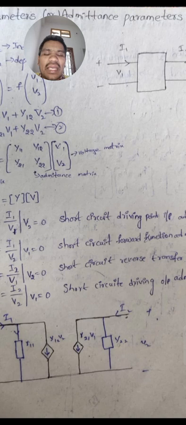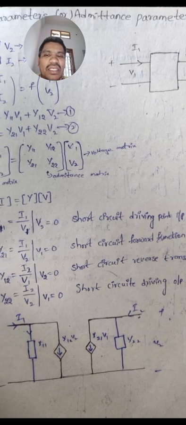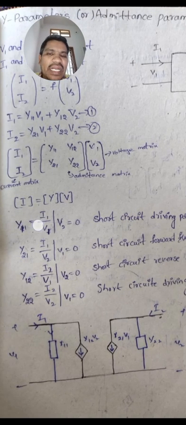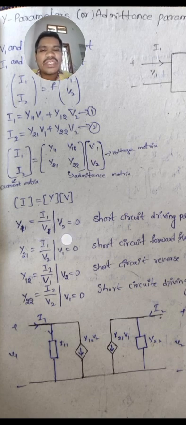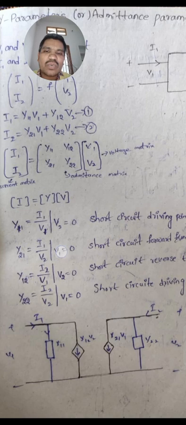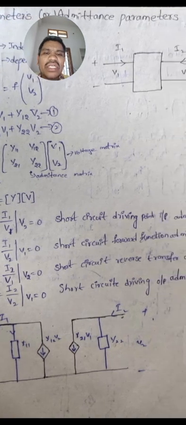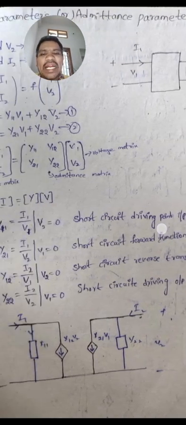Why is it called the driving point impedance? Because the input current is divided by the input voltage upon V2 equals 0. So the y11 admittance parameter is called the short circuit driving point input admittance.